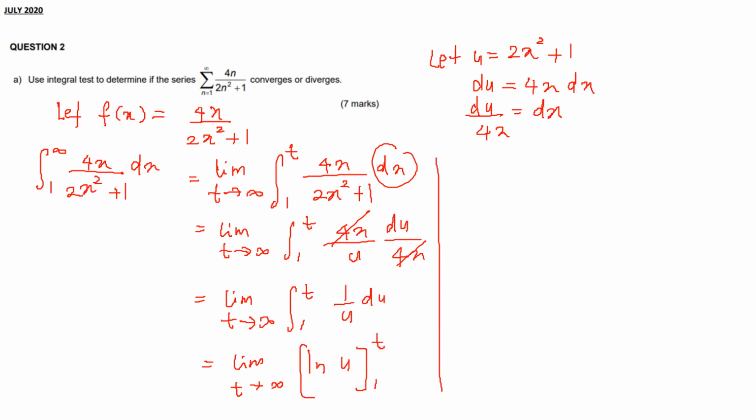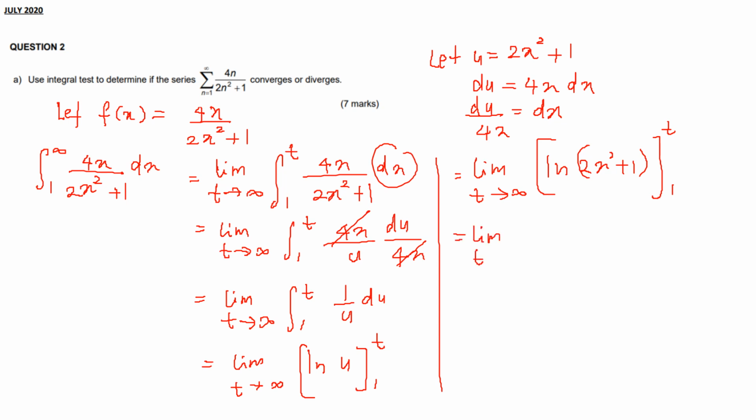Then you have to expand. ln u is ln of 2x squared plus 1. Don't forget to copy back the function u, and then you can expand.